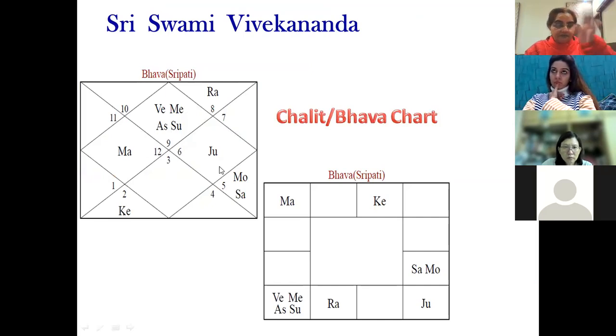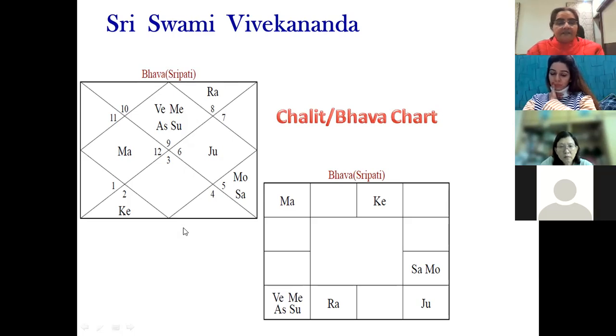So this is how the placement of planets is changed, but Rashi will not change. Venus and Mercury will still be in Capricorn. It's a different concept, but we'll use this chart as reference.